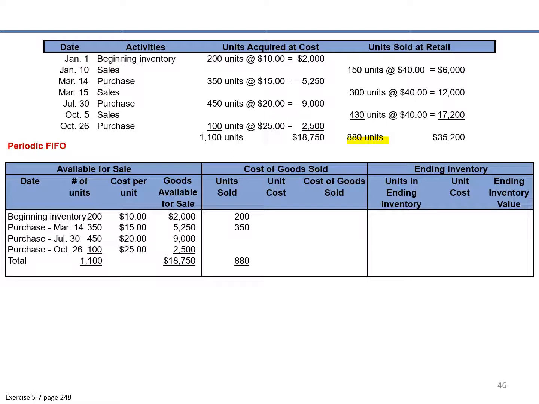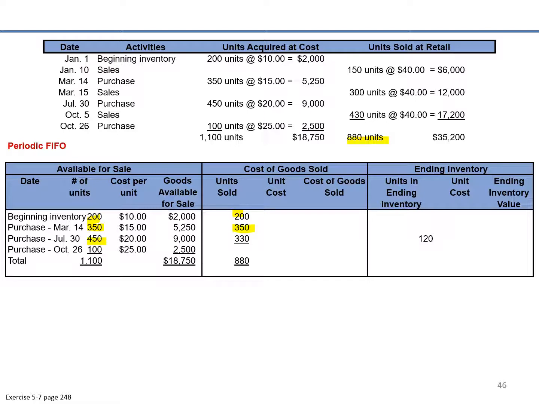So that's 550. We need another 330 to get to 880. So we're going to sell the next 330 from our 450 units that we purchased on July 30th, which means 200 less 200, we're going to have 0 left from our beginning inventory. We're going to have 0 left from our March 14th purchase.